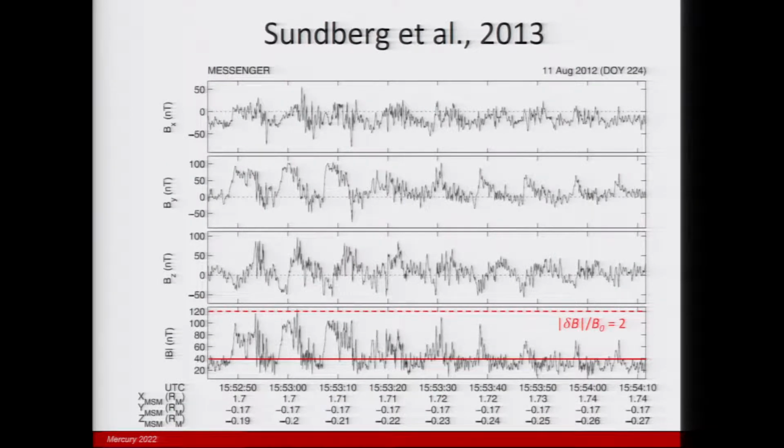And Sundberg looked at a small sample of this foreshock region, the region upstream of the quasi-parallel region, and said that, no, we don't typically see this. We might see these shocklets, which are mildly nonlinear here, delta B over B less than 2 typically.